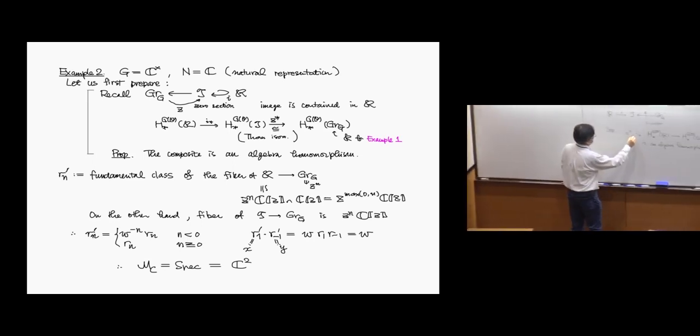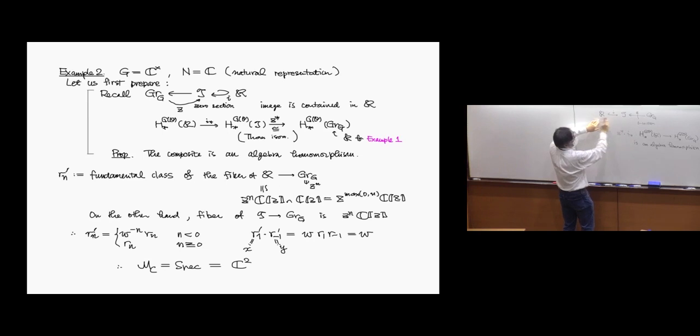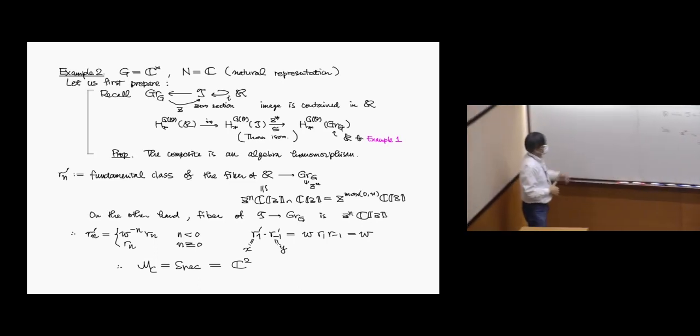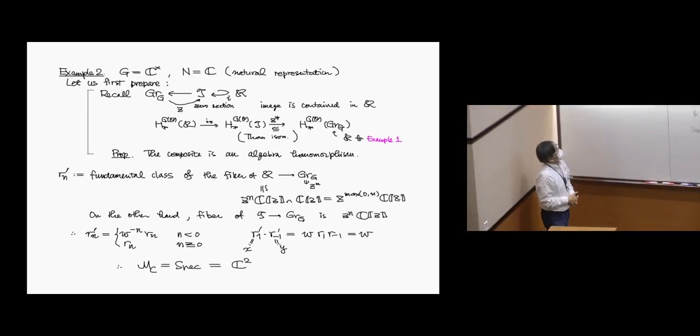So you push forward by this closed embedding and then pull back by Z. Because this is a vector bundle, you can define the pullback, although we are working with the homology group. And then you can check that this is an algebra homomorphism.